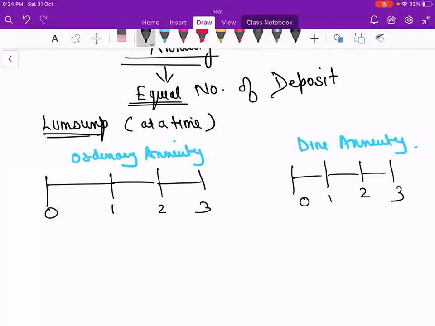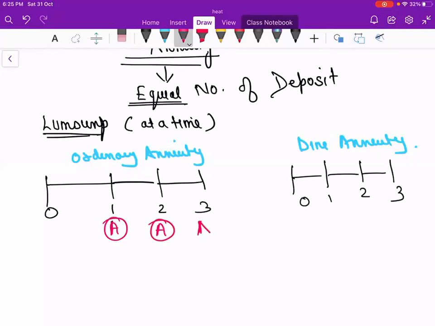What we have seen in the previous questions, in the depreciation, is that the depreciation is at the end of the year. Similarly here also we will do the calculation at the end of the year. Means 0 to 1 we will deposit the first installment A here. We will deposit the second installment here.